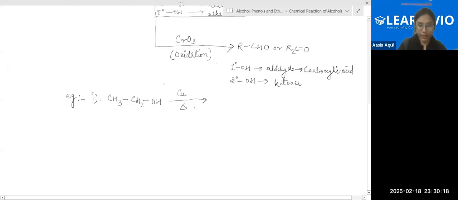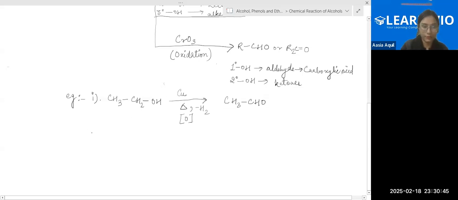The removal of H2 will be done. The removal of hydrogen is oxidation. Here oxidation will happen and you will get CH3CHO. That is, primary alcohol will convert into aldehyde. Got it?